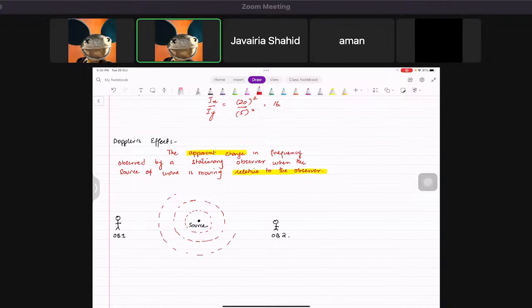And basically these waves have wave fronts just like this. So they have the same lambda on both sides and they can observe the same sound because this source is currently stationary like this. Is it clear, everyone?